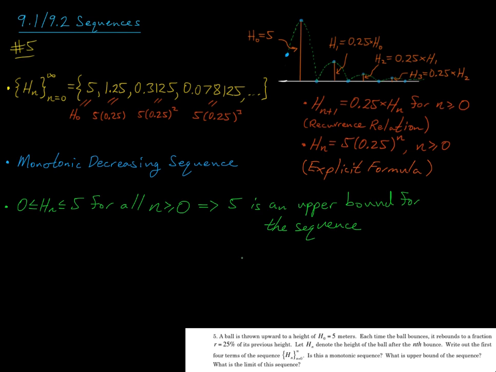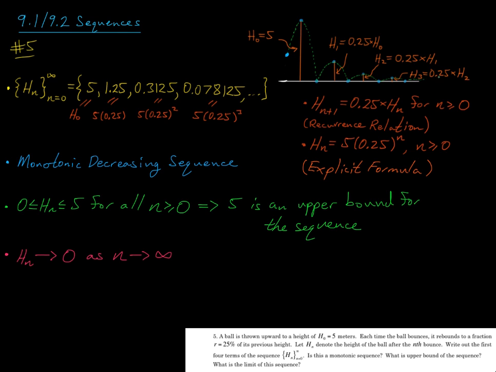And then lastly, it says, what's the limit of the sequence? Well, technically speaking, according to this model, we're never actually going to have 0 as a term in the sequence. Of course, the height will get infinitely small as I let n get sufficiently large, but we won't actually hit the ground.